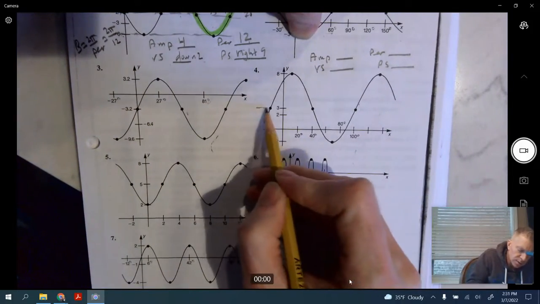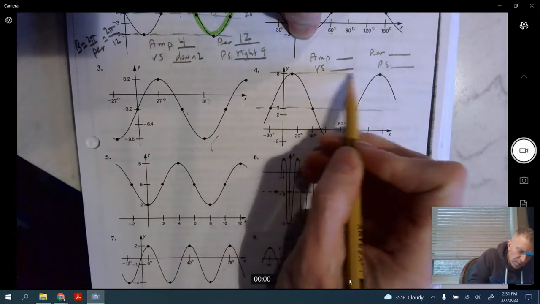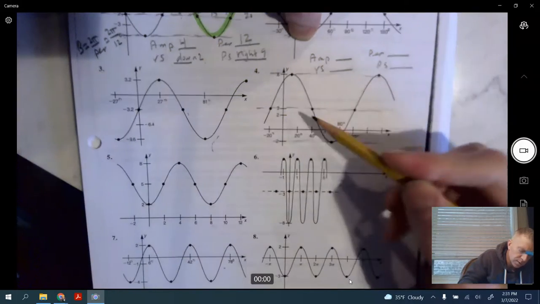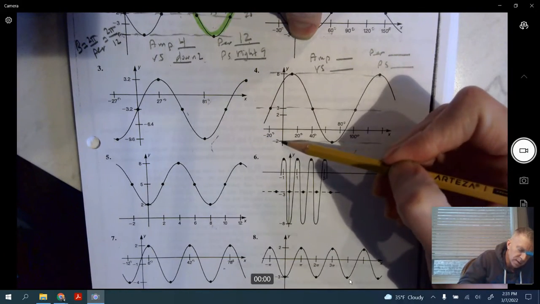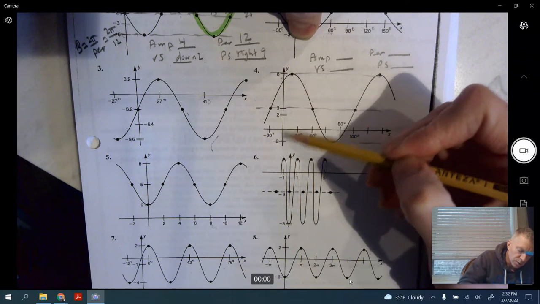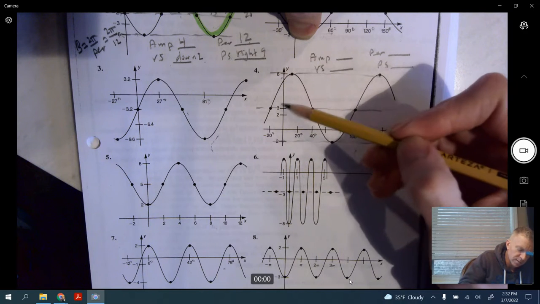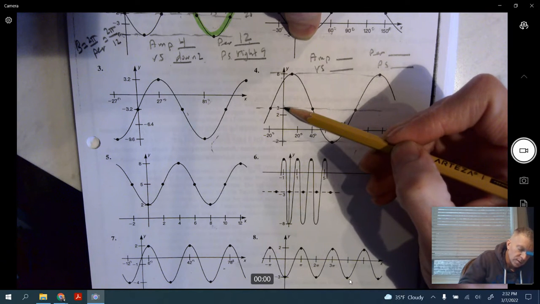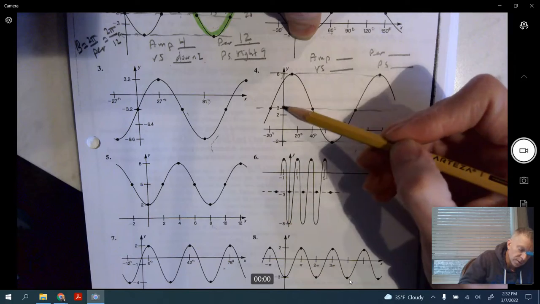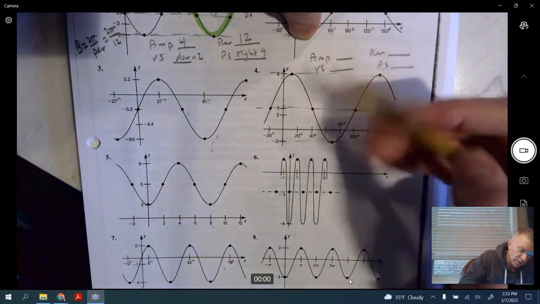So the amplitude is the distance from the middle to the top. Okay, so it looks like your max is at 8, your min is at -2. Let's double check that the midpoint, or the average of those two, should average to the midline. So 8 plus -2 is 6, divided by 2 is 3. Okay, so your amplitude is the distance from here to here, which is 5, or the distance from here to here.